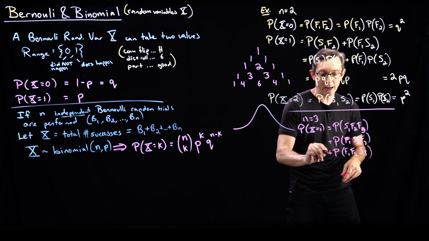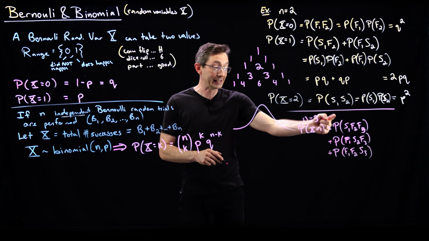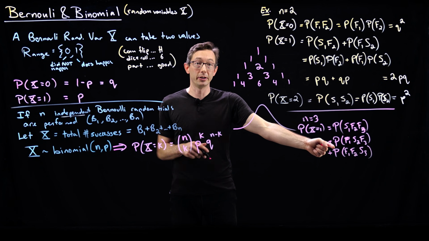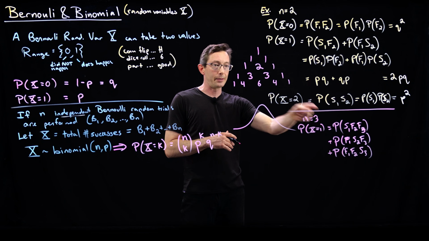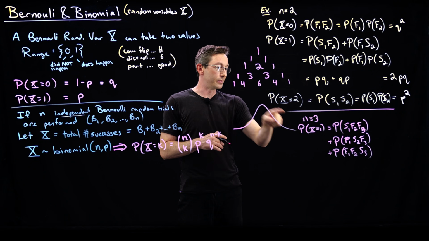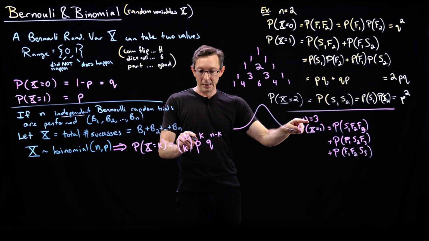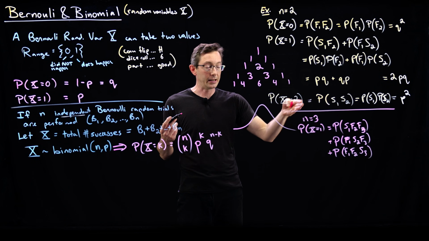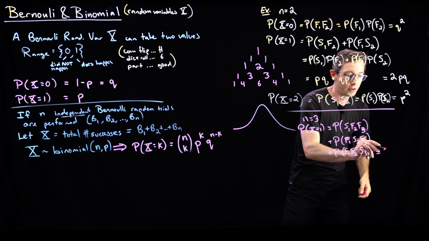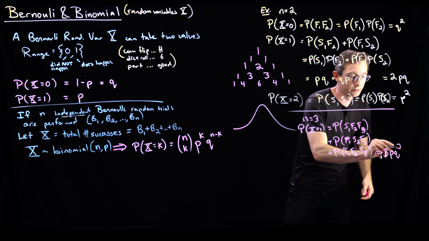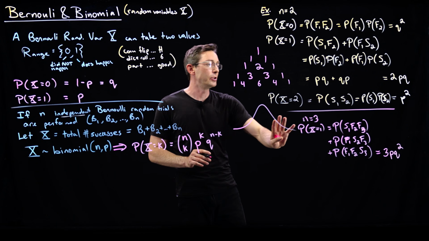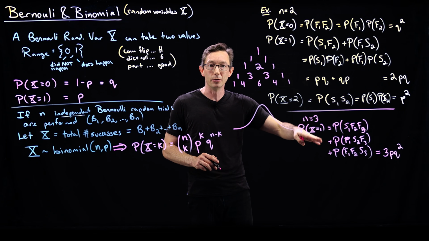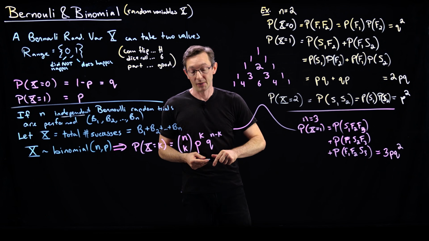This is the only way you can get a single successful Bernoulli trial out of 3. And if you compute these probabilities, you'll get 3 times p times q squared. This is going to equal 3pq squared, which is exactly what this formula would predict. Okay, and you can fill out the rest for x equals 0, 2, and 3. Okay, good.